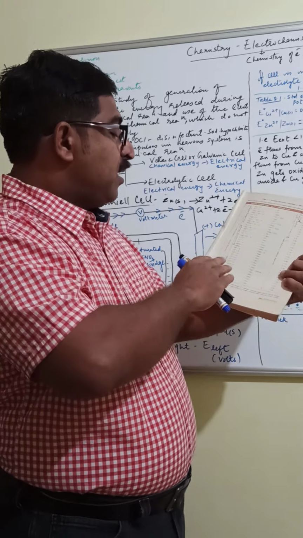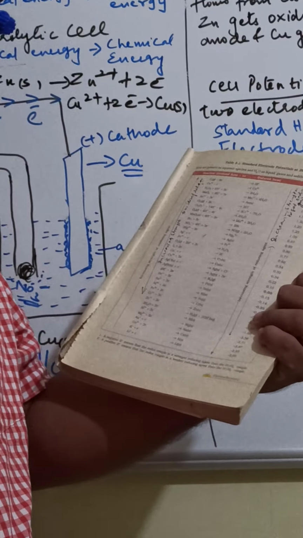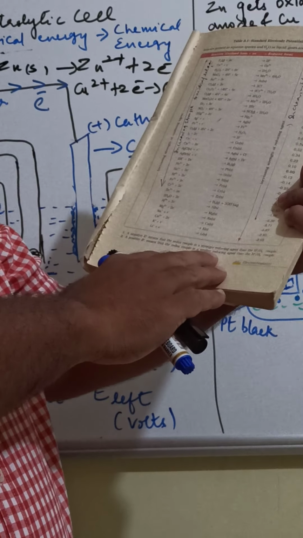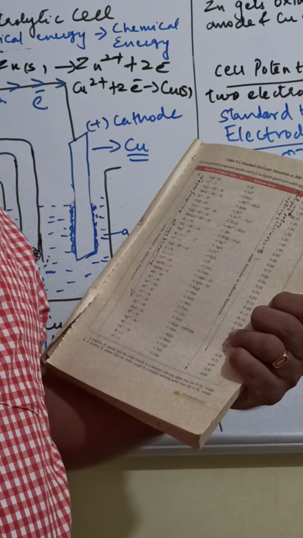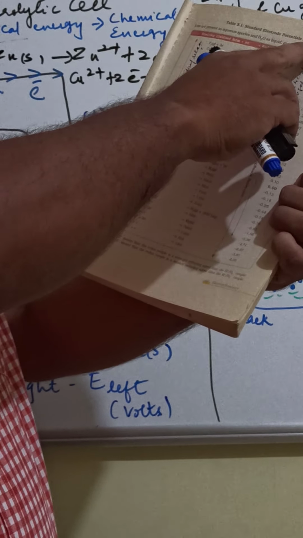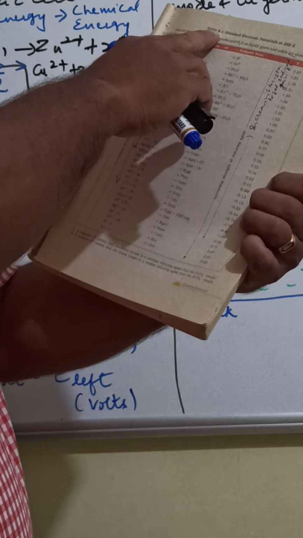Clear? Now standard hydrogen electrode becomes a reference for us. Something which goes below that always has the tendency to get oxidized. These are known as standard electrode potentials at 298 K, standard condition, table 3.1 of your textbook.